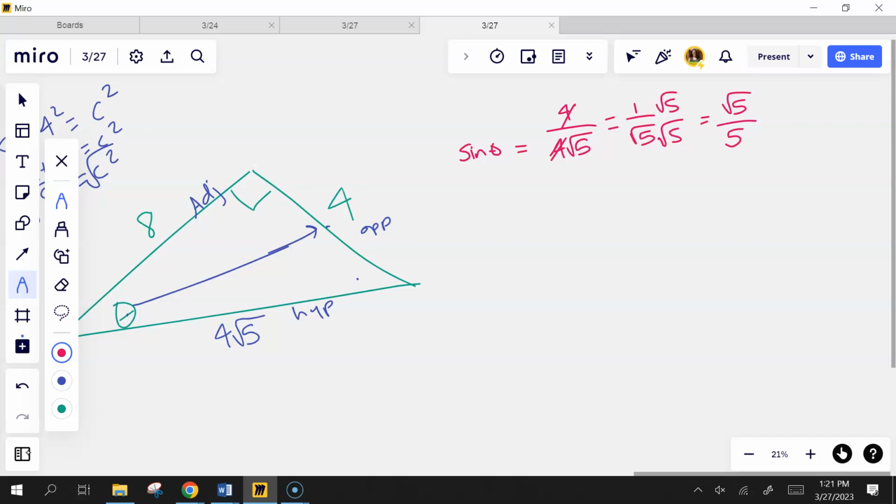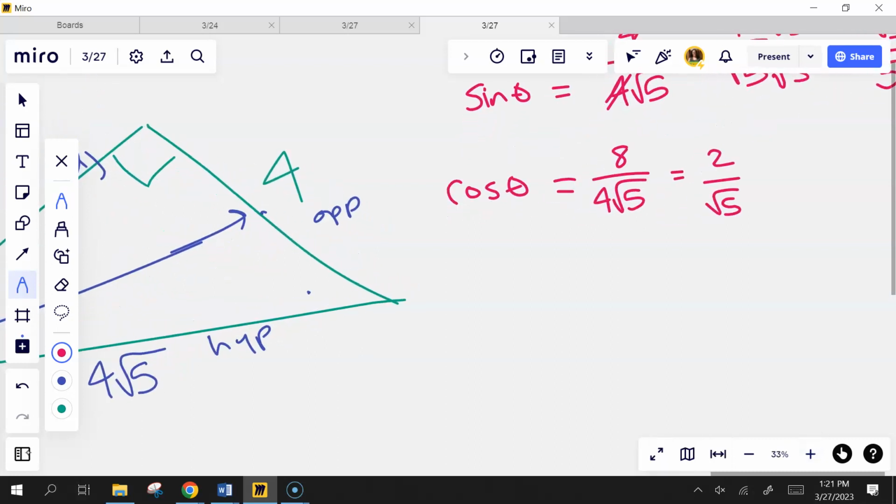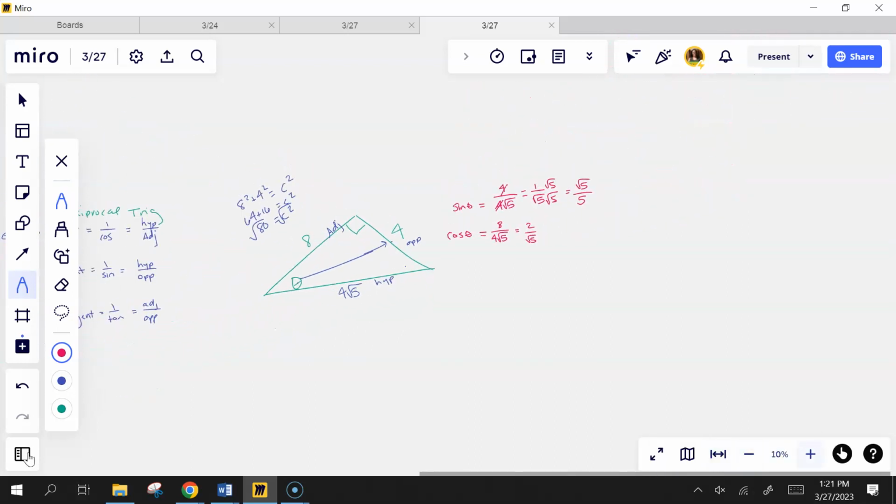Okay, cosine. Same thought process. Which is what over what? 8 over 4 root 5, which is 2 over square root of 5, rationalized.